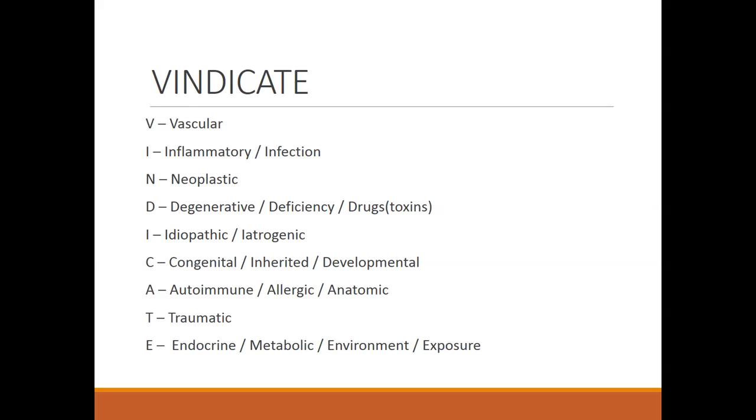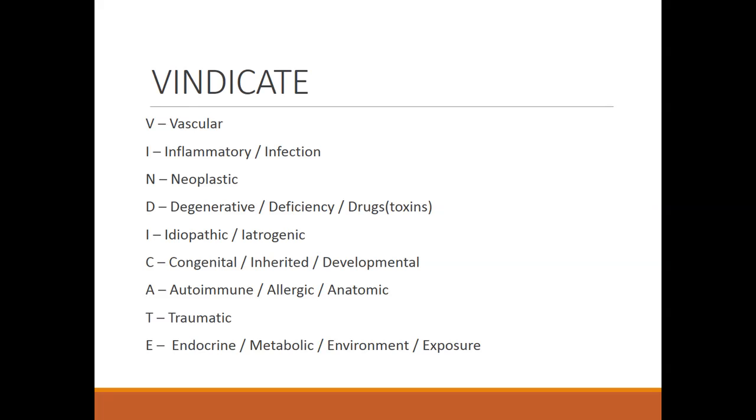What neoplasms or cancers can cause it, and where do the cancers have to be in order to cause altered mental status? What degenerative or deficiency problems, like vitamin deficiencies, or what toxins or drugs that we might take would cause altered mental status?